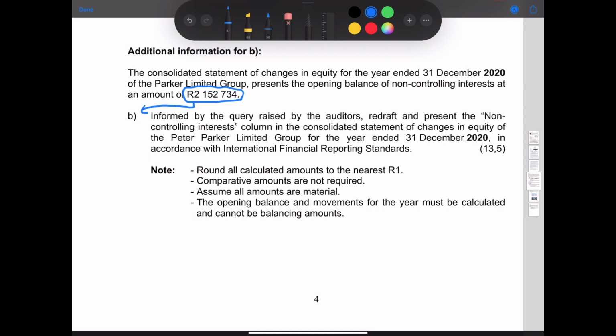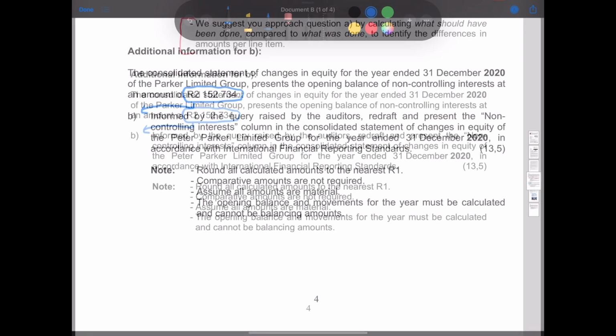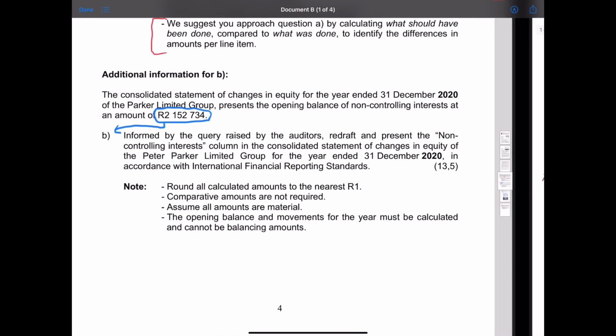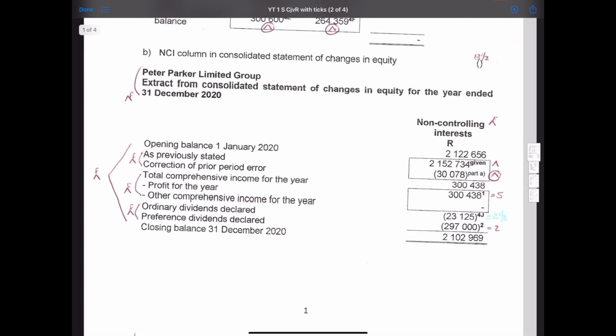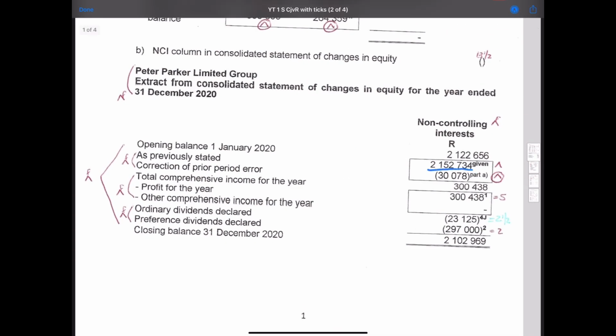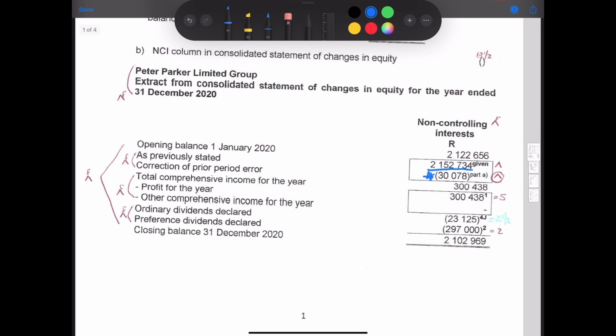Many students wasted a lot of time by trying to calculate the correct opening balance of the NCI, while in fact this amount has been given to you and you've calculated the difference in NCI in question A. That is why in your answer you should have used this amount given plus the difference calculated in A.